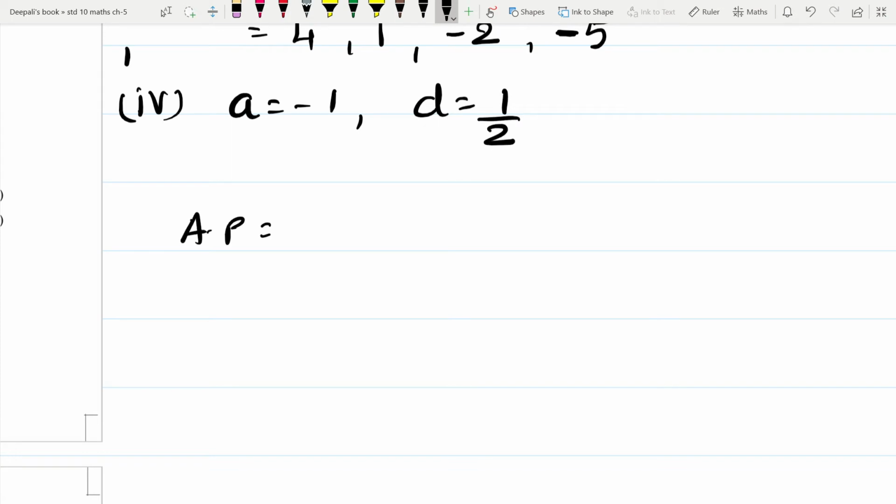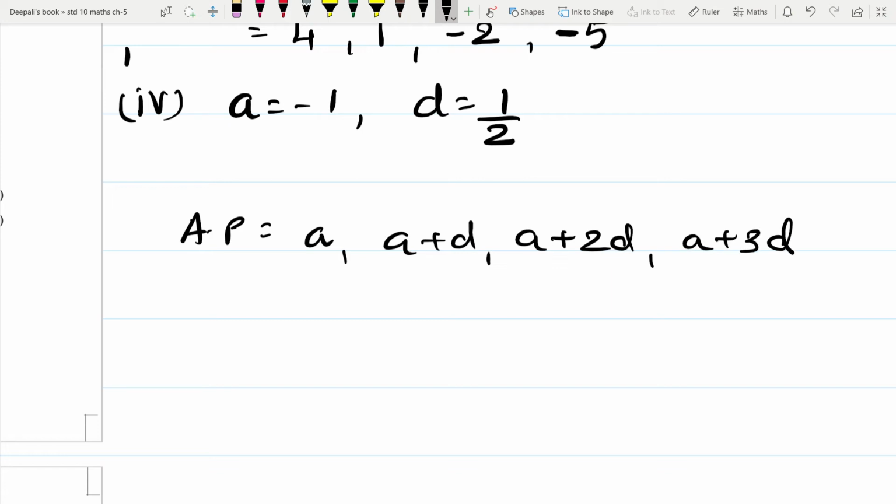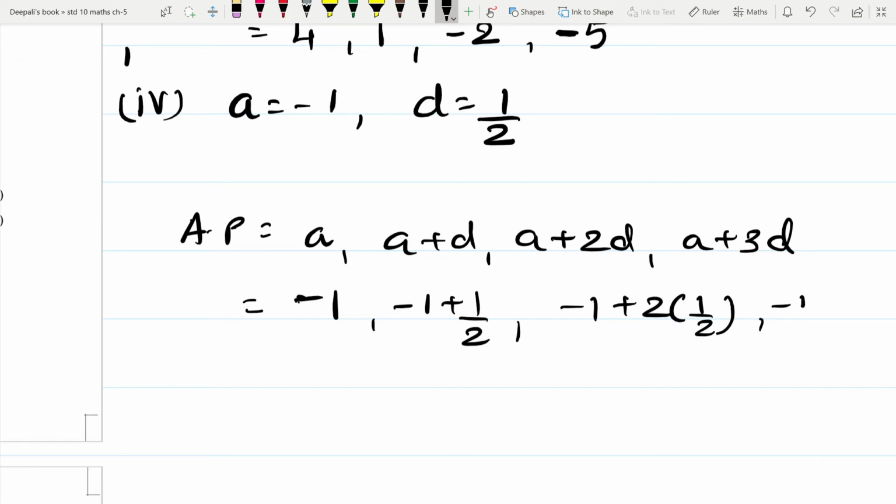So AP is equal to A, A plus D, A plus 2D, A plus 3D. So minus 1, minus 1 plus 1 by 2, minus 1 plus 2 into 1 by 2, and minus 1 plus 3 into 1 by 2. I get minus 1, minus 1 by 2, 0, 1 by 2.